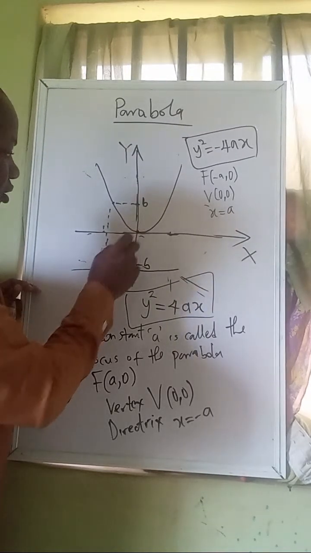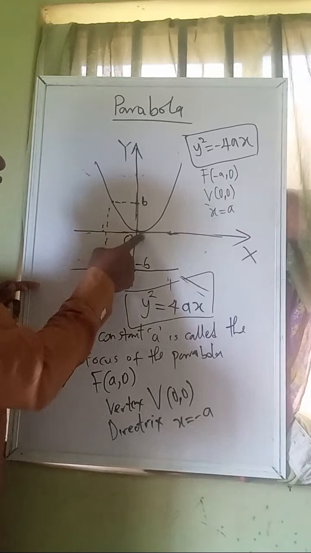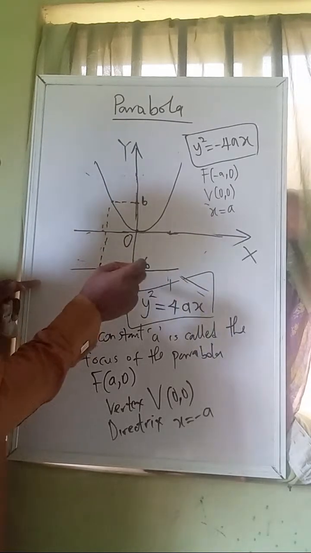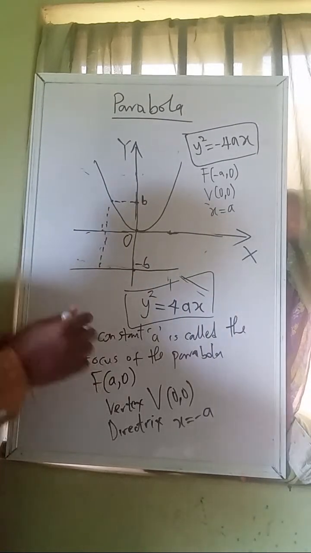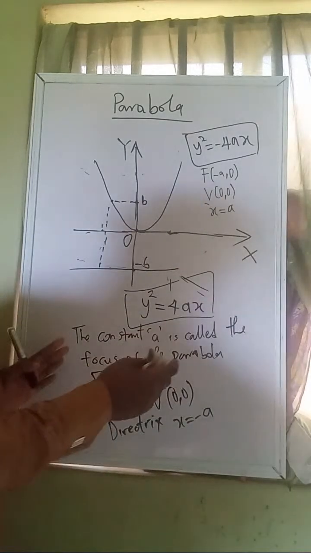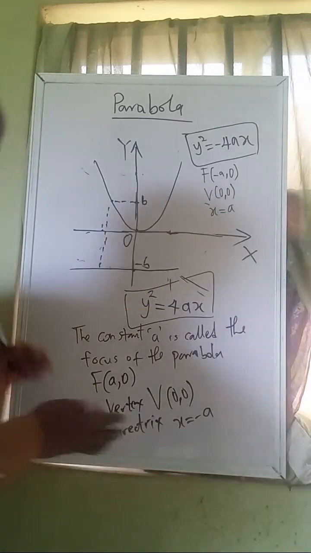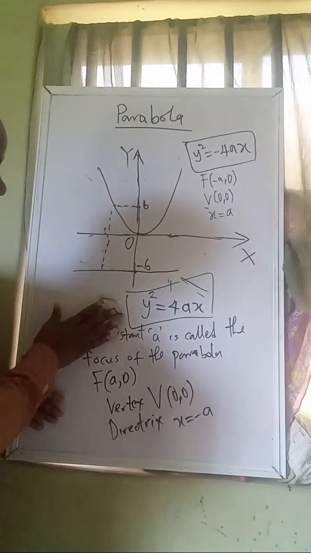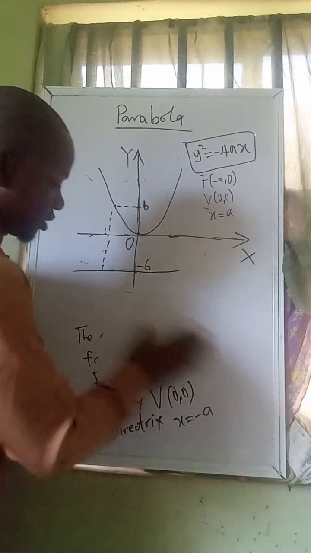So again, this place remains the origin O, and for this parabola, we can formulate 4 things here too. So I think this is taken. Let's use the next equation to formulate the next parabola.